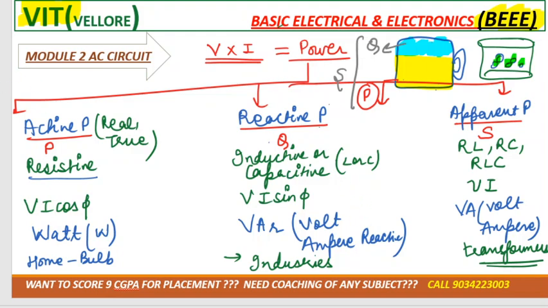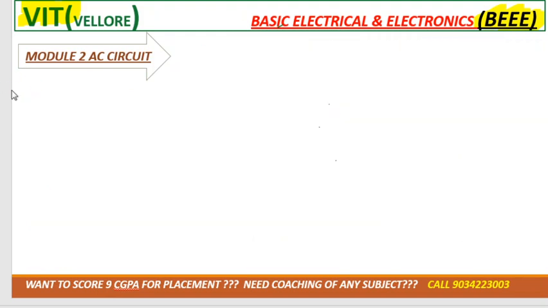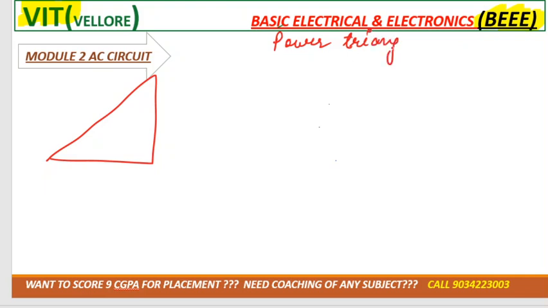Now after this, as I told you, we need to multiply voltage with the current. So the next triangle is the power triangle, right? In the power triangle, on the base, which power is consumed by resistive load? Tell me.